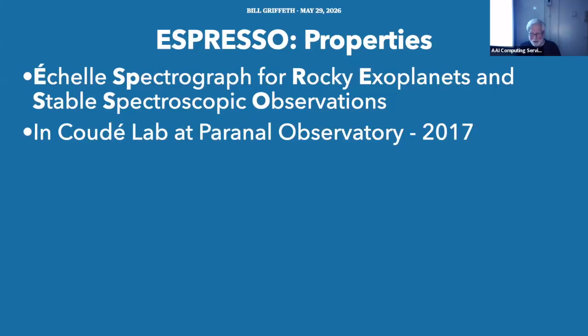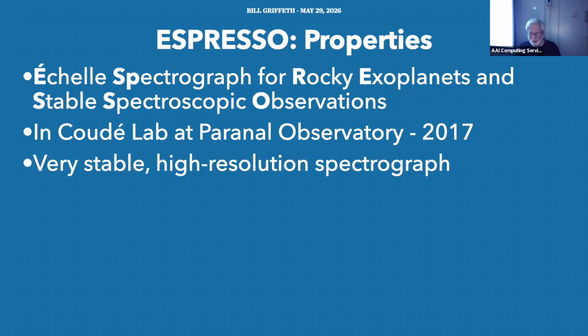Anyway, ESPRESSO, as I mentioned, was installed in 2017 at Paranal in its combined Coudé lab, sort of underground at the peak of Paranal, the hill called Paranal. It's a very stable, high-resolution spectrograph.